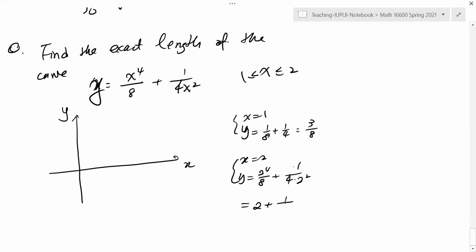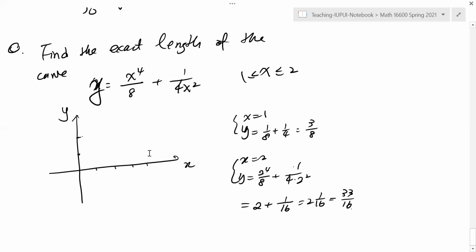And this is going to be 1 over 16, right? It's a pretty small number. It's close to 2, okay? So it's 2 and 1 over 16, right? But we don't write it as 2 and 1 over 16. We usually prefer to write 33 over 16. Okay. So one point here, it's 1, 3 over 8, and the other is 2, 33 over 16.